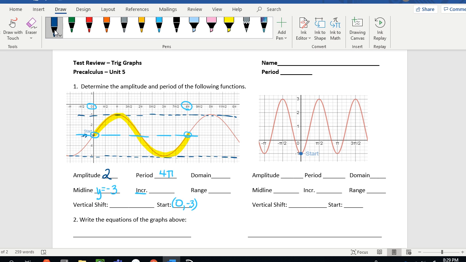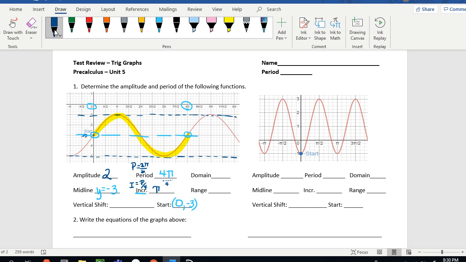So the increment, you've got to remember that period is equal to 2 pi over b. And the increment is equal to period over 4. Okay, so if I take this period and I divide it by 4, I'll get pi.